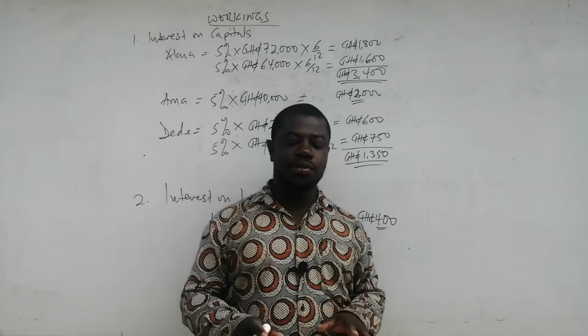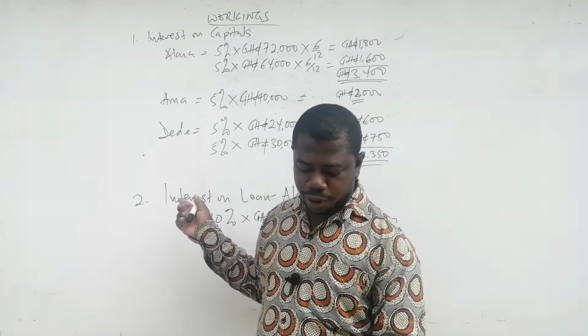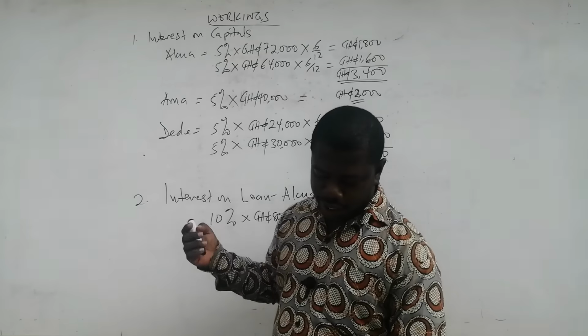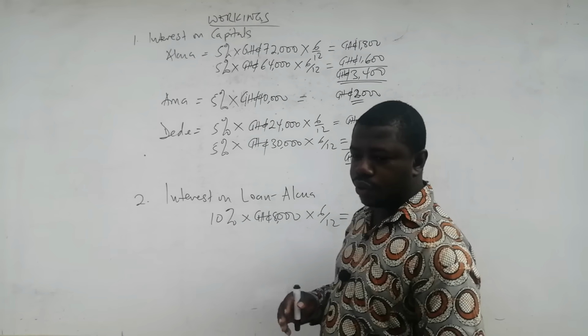And ladies and gentlemen, from here we can proceed to prepare the profit and loss appropriation account, and then the current account and the capital account as well. Okay, so that is what we are going to do for now. We are going to prepare the profit and loss appropriation account.